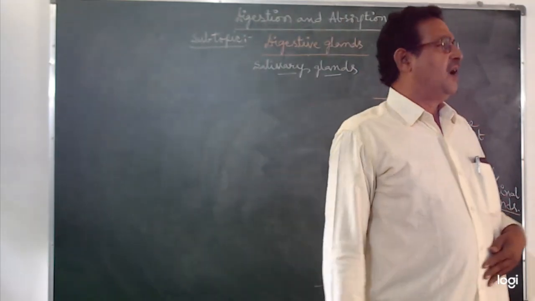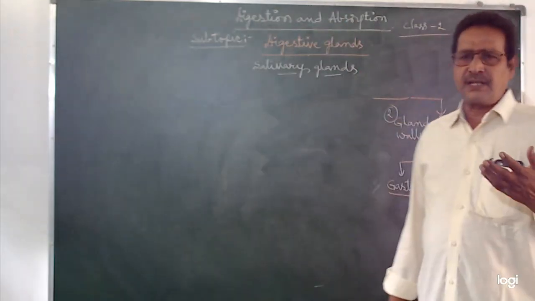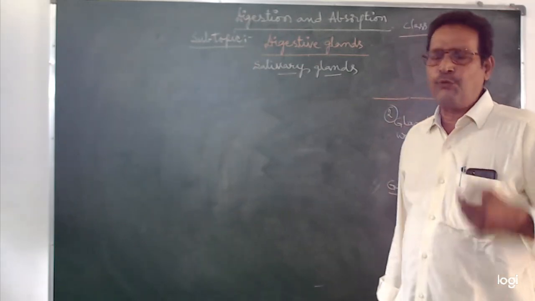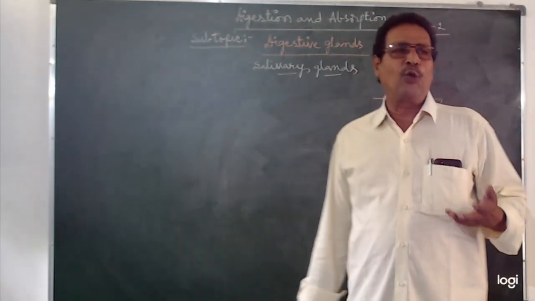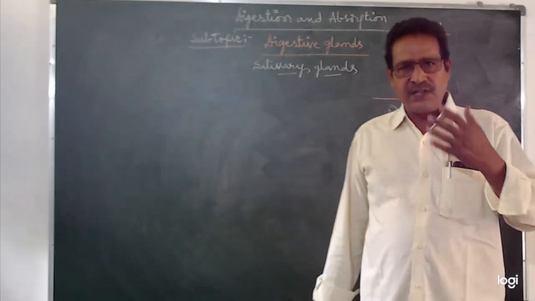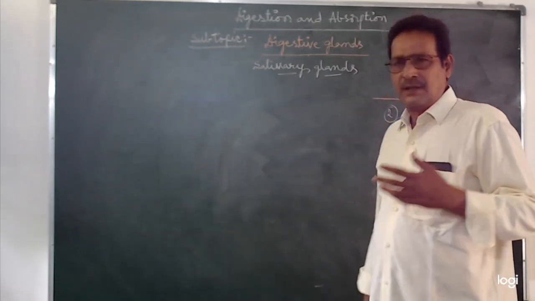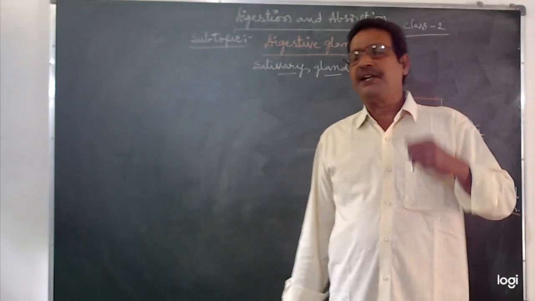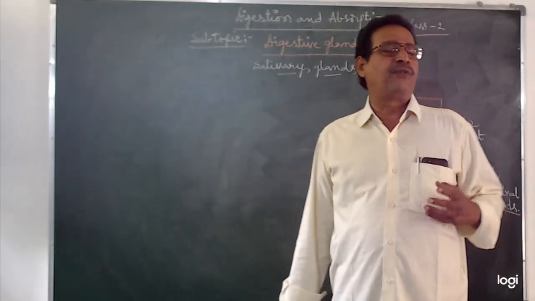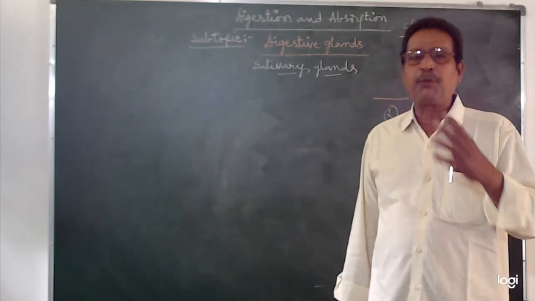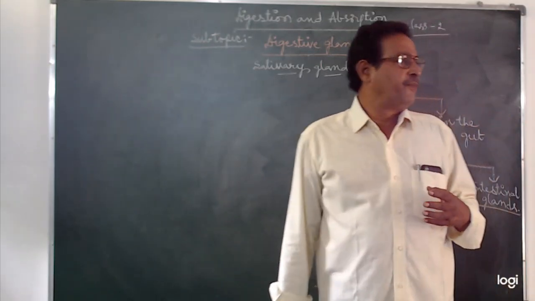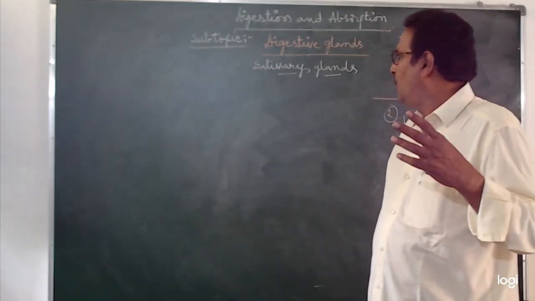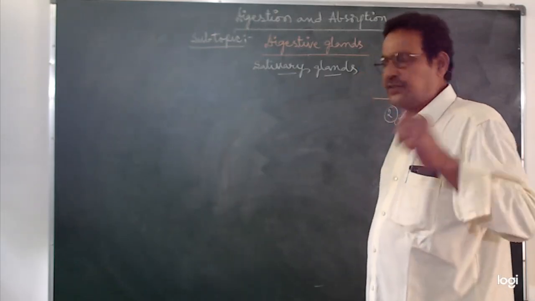How many kinds of salivary glands do we have? What are they? Where are they located? What is the nature of its secretion, and what is the role of the secretion in the process of digestion? All these things are to be discussed.